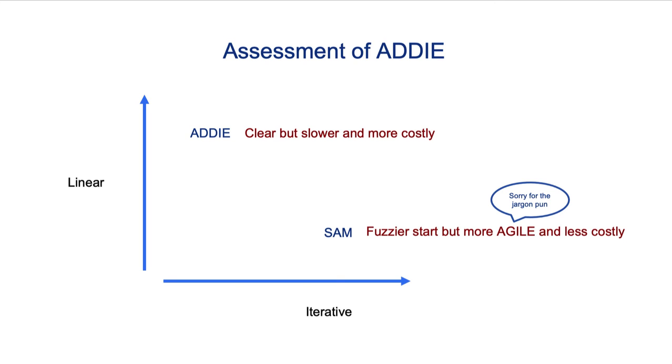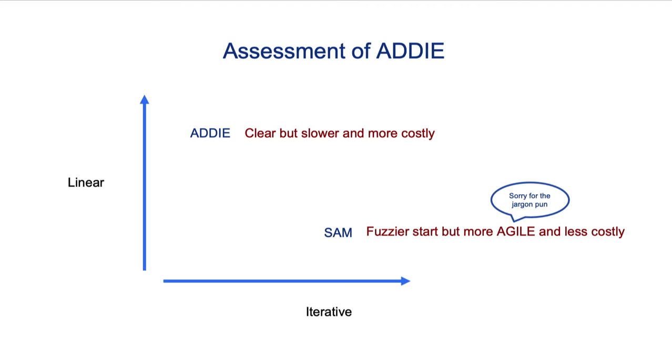Stepping back to look at ADDIE in the big picture, it's a traditional waterfall management approach. It provides clarity and reassurance with its tonnage of scope and management documentation, and as a result is slower and more costly. The SAM, or Successive Approximation Method, is less linear and relies on evaluation of successive iterations to reach the final product.